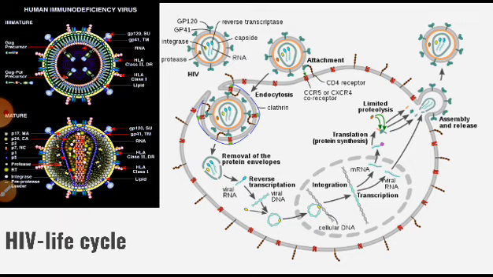If you see this black structure where the immature and mature viruses have been shown, in the mature virus you can find various types of proteins: P17, P24, P2, P7, P1, P6, and GP120.